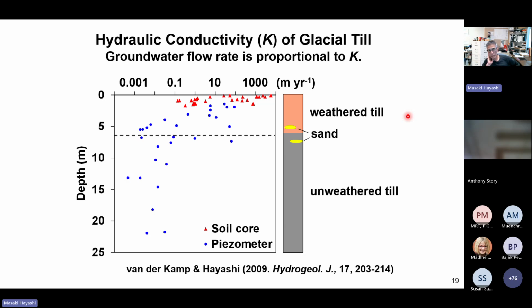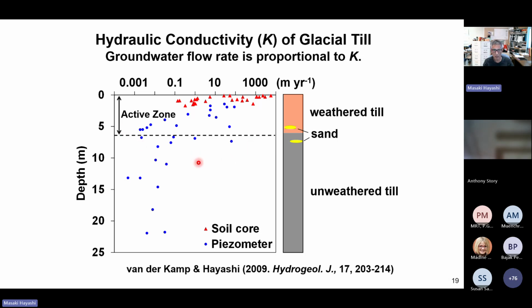What's important here is the transition from highly weathered and fractured till that has a secondary hydraulic conductivity, which is high enough to carry the active flow of groundwater. And below that, the till is so tight that there's basically no flow deeper than 5 or 10 meters.